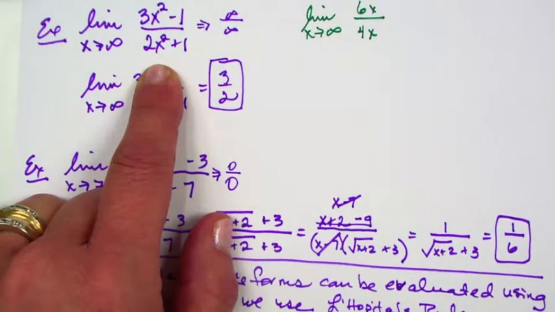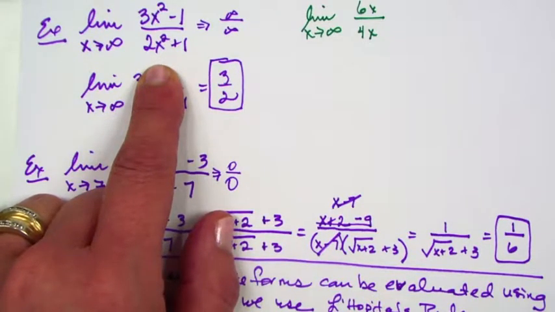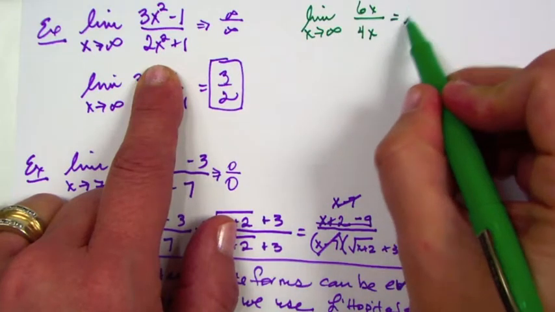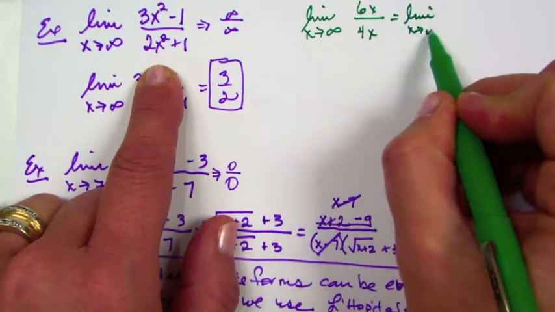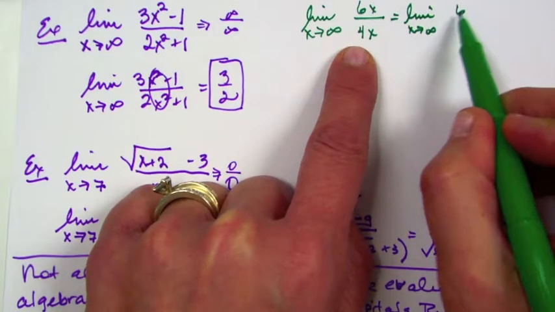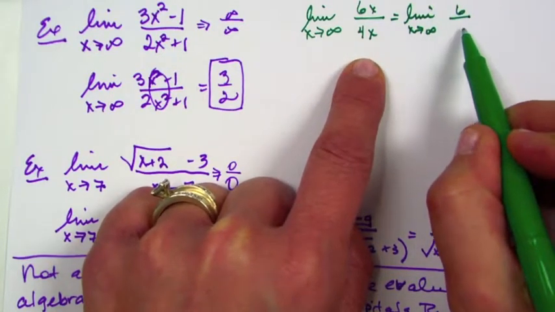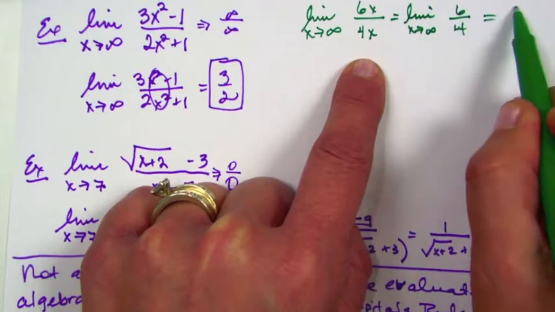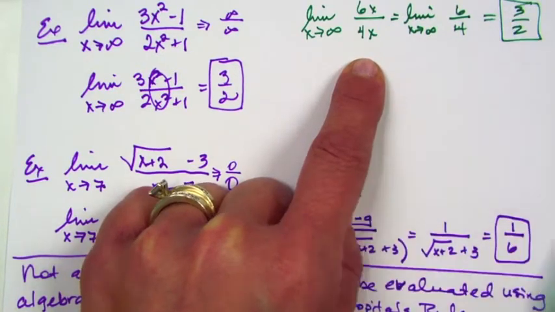I can do it as many times as necessary, as long as I'm getting 0 over 0 or infinity over infinity. So this would be equivalent to the limit as x approaches infinity of the derivative of the numerator over the derivative of the denominator, 6 over 4, which is just 3/2.